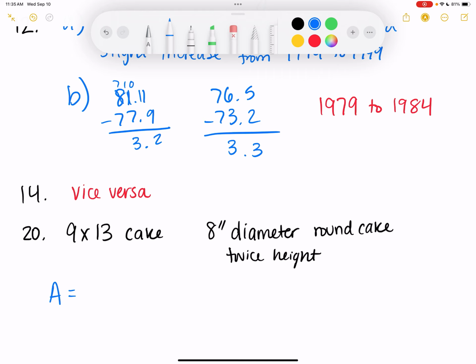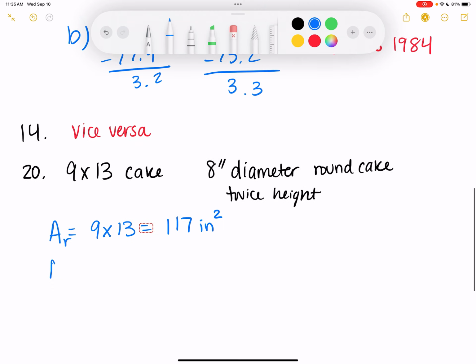So the area of the rectangular cake would be 9 times 13, which is 117 inches squared.